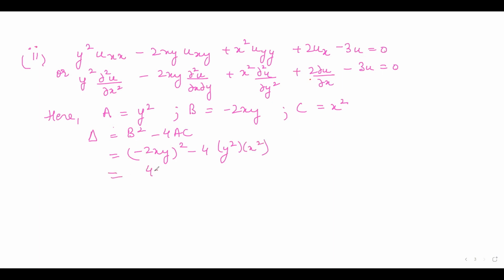So this is 4x square y square minus 4x square y square, and it is coming out to be 0. As the discriminant value is equal to 0, therefore the equation is parabolic.